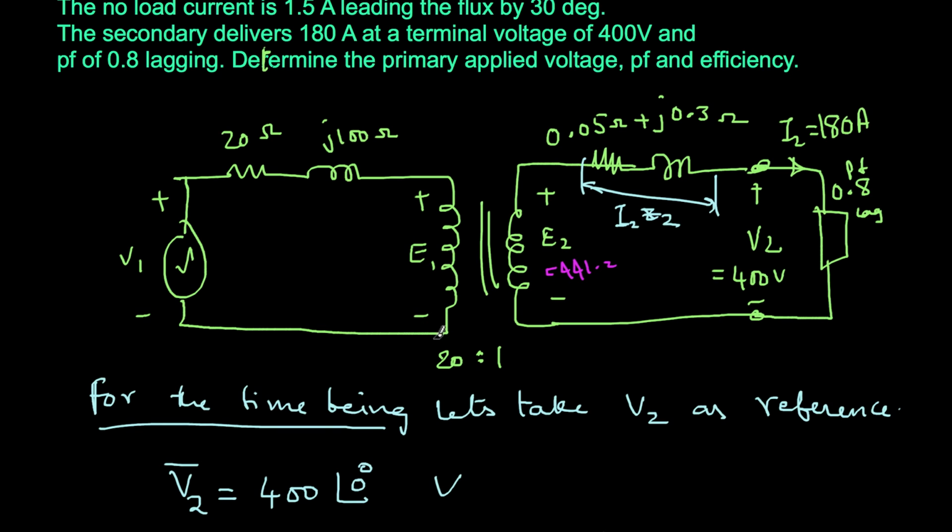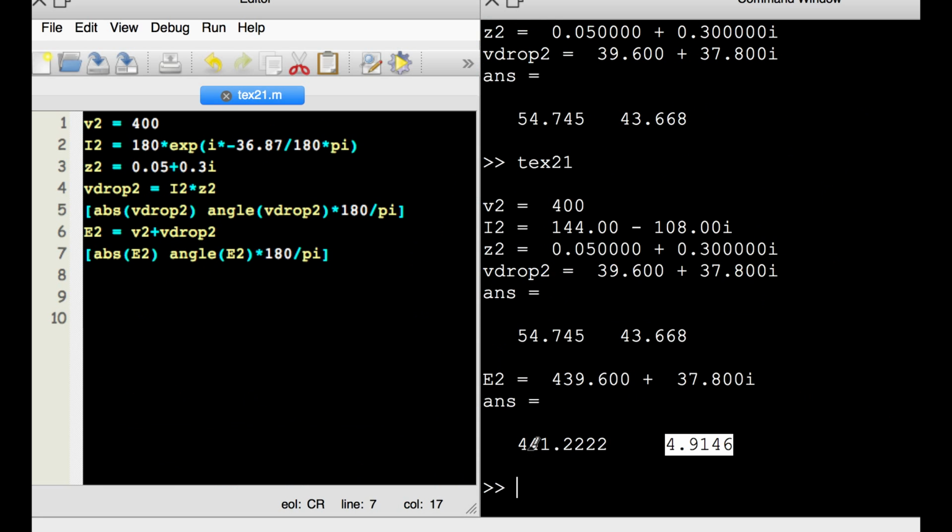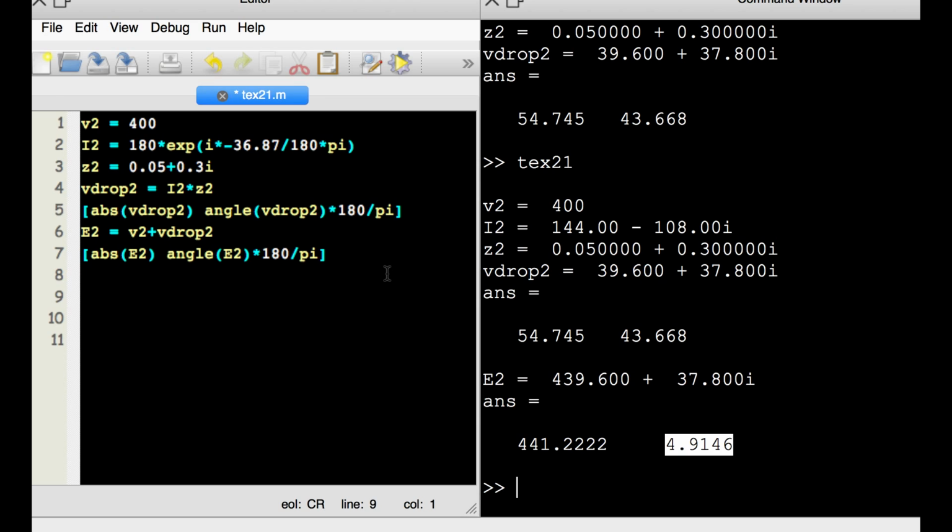So what is E1? I have the 20 is to 1 ratio. So corresponding to 1 is 441.2, so corresponding to 20 it will be 20 times. So I can directly find E1. I don't care about the angle right now, I'll explain why. I'll just take the absolute value of E2 and multiply by 20.